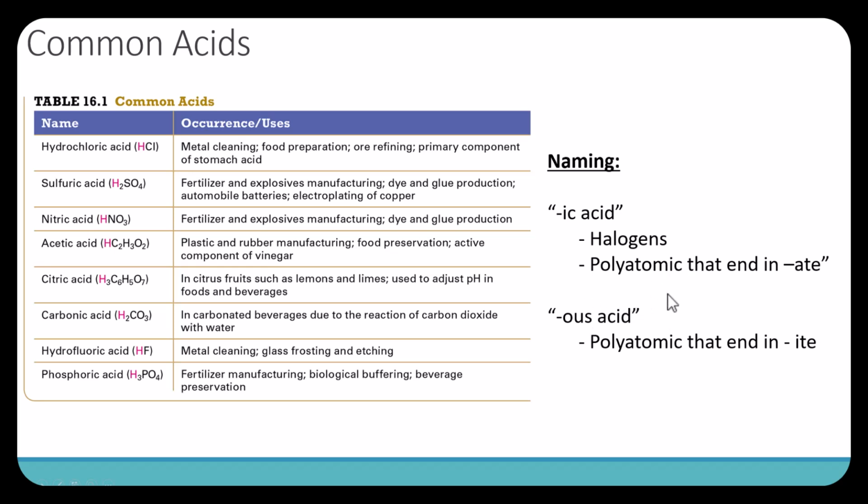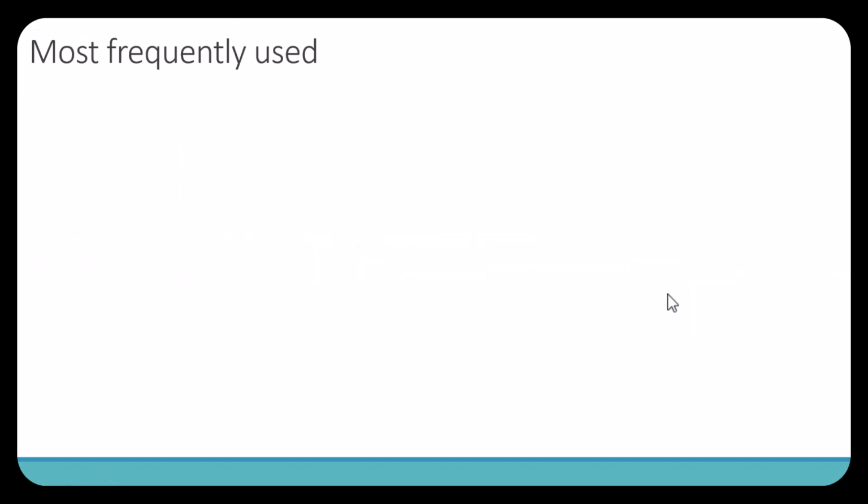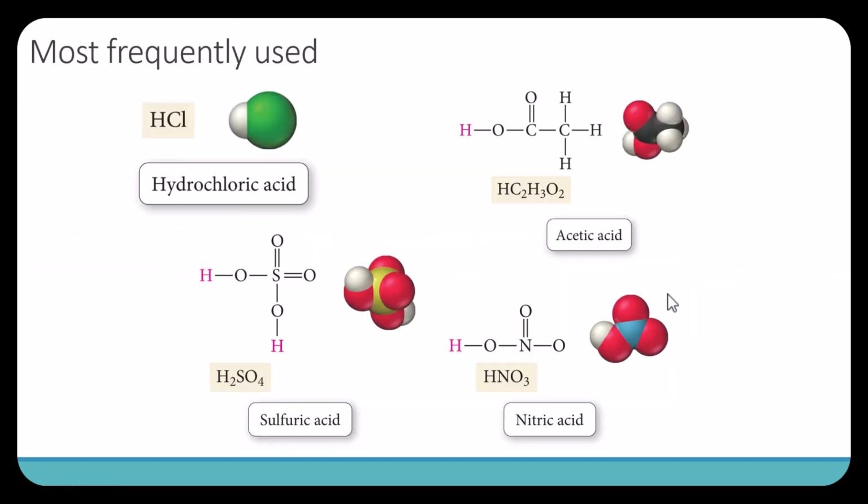So that's our way of delineating between the two. So here's probably the four most commonly used acids. Again, not something I want you to memorize, but as we visit with and do problems, you'll get to know these.